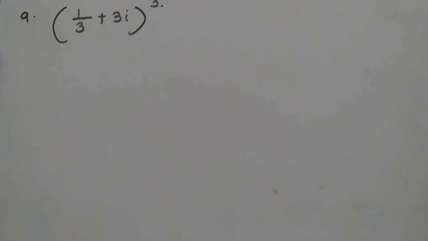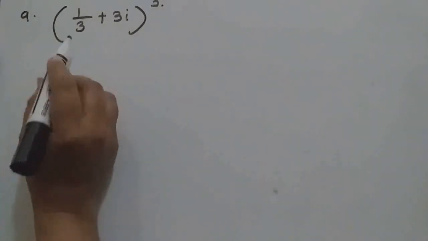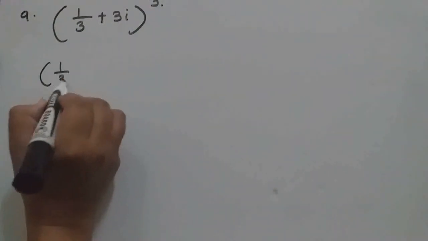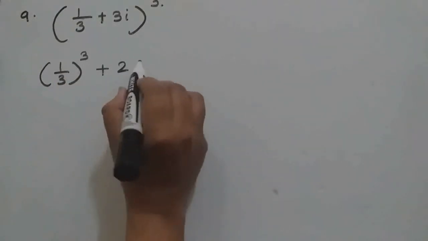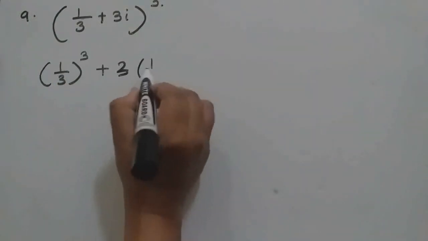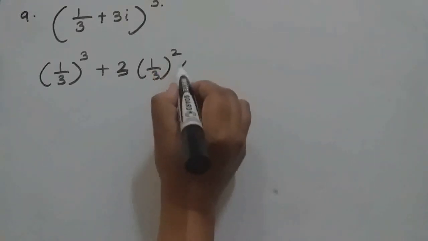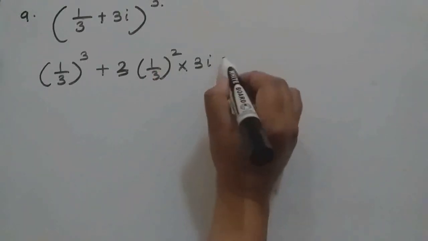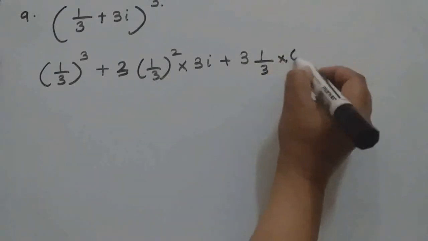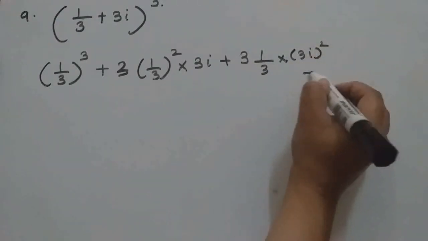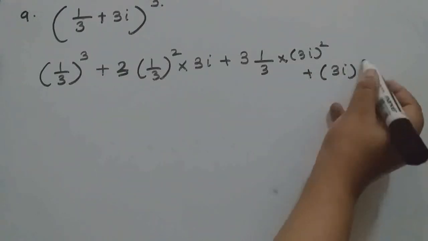This question we can open using identity, a cube, then 3a square into b, then 3a into b square plus b cube.